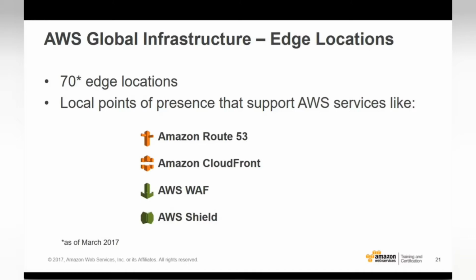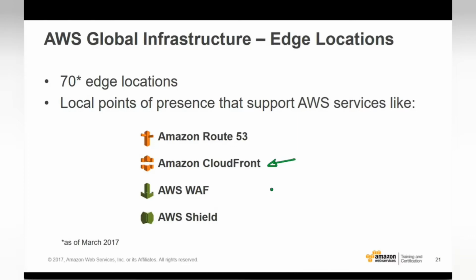So let's talk a little more about that edge location concept. It says here there are 70 edge locations. Okay, they keep growing, so there's more and more of them coming. And it's not necessarily just where you cache content, and that would be where we use a service called CloudFront. Using the video example from before, where you host a video in Virginia and you let someone over in India view that from a point of presence nearer them in India.